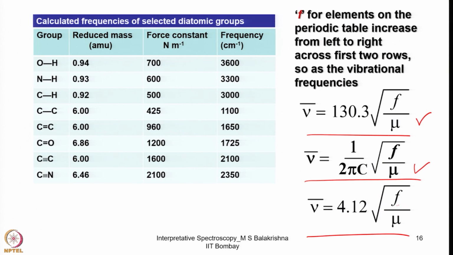The only thing is, in this one, if you want to use mu bar equals 4.12 square root of f by mu, you should convert the force constant from newtons per meter to dynes per centimeter. For that, you have to multiply by 10 raised to 3 if it is a 2-digit number, or if it is a 4-digit number, it should be multiplied by 10 raised to 3. If it is a 2-digit number, it should be multiplied by 10 raised to 5. For example, you can multiply this one by 10 raised to 3 and do it.